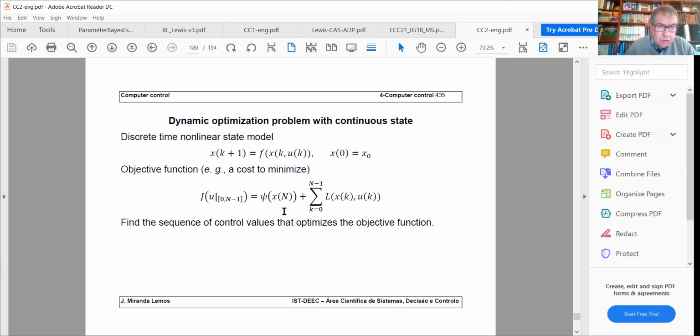So what you want to do, in the example of optimizing the energy spent in your home, is find the optimal profile of heating, that's u, during the day.